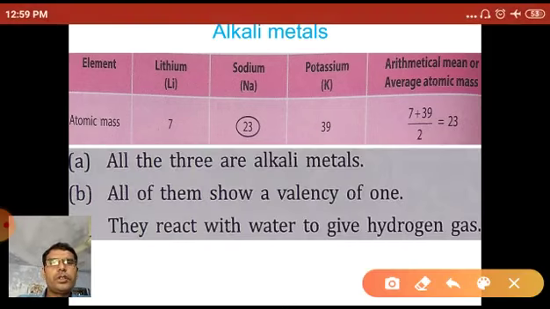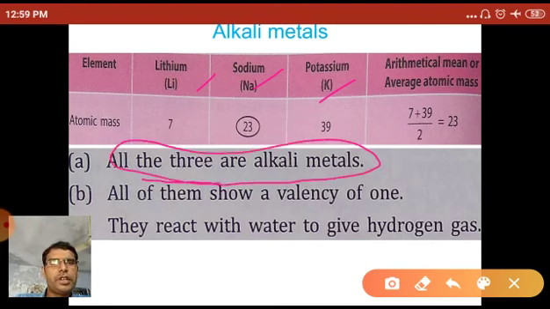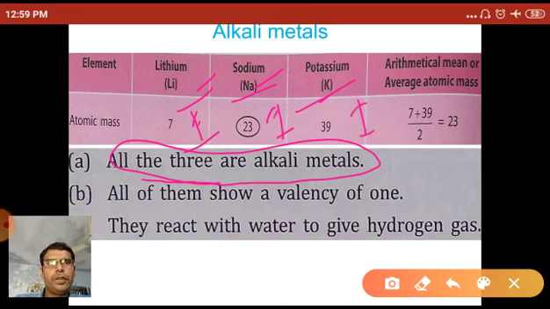They also predicted the properties of lithium, sodium and potassium. All three elements are alkali metals, and all three show valency 1. Lithium has valency 1, sodium has valency 1, and potassium also has valency 1.